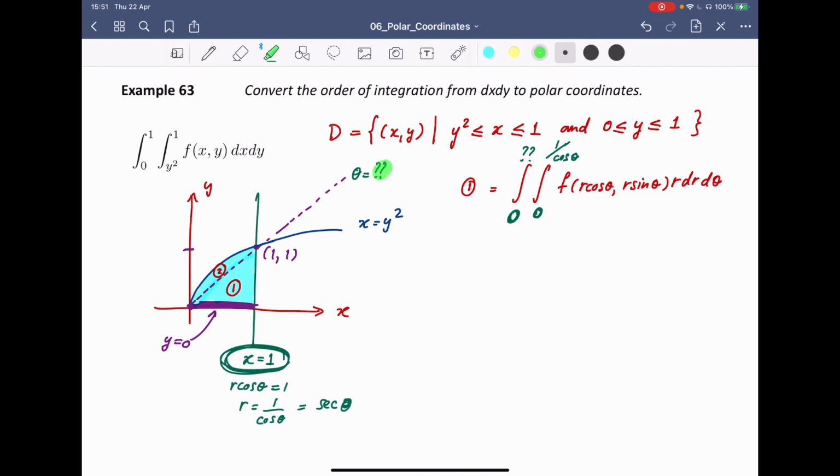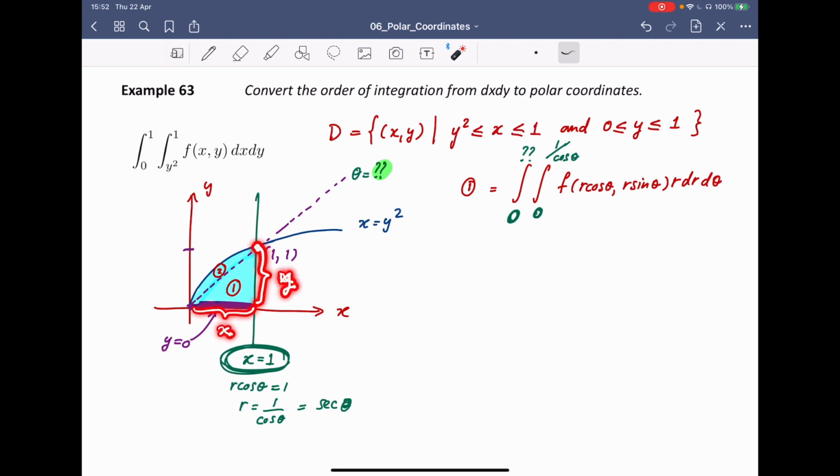All right, next we look at the question mark over there. How can I find the question mark? You know that this line passes through the point (1, 1). So that means this is the 45-degree line, right? Does it make sense? Because you have (1, 1) here: the y value is 1 and the x value is 1.